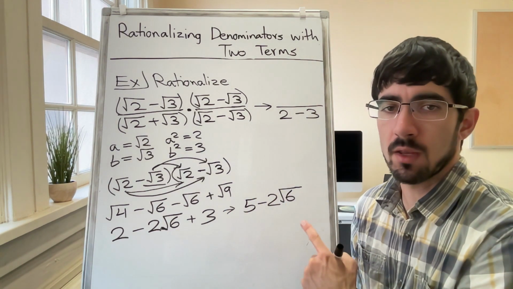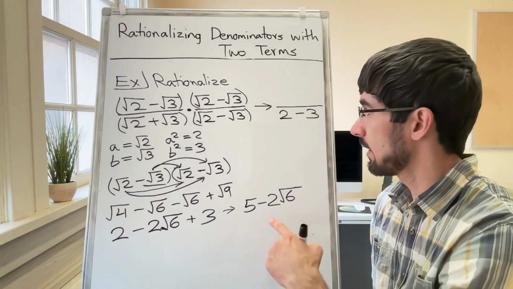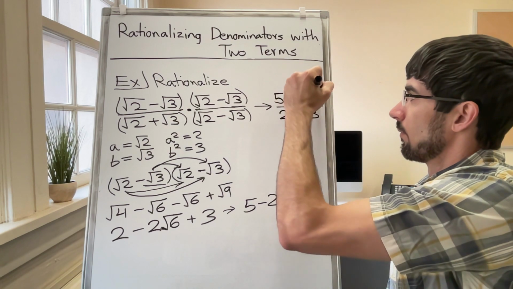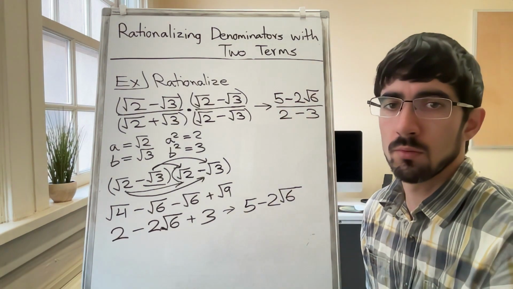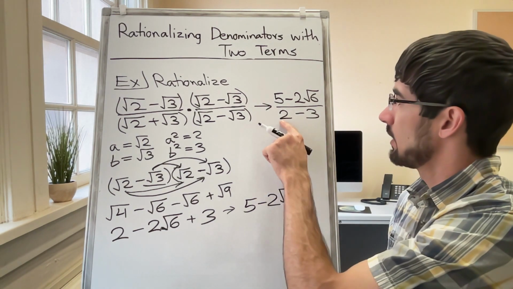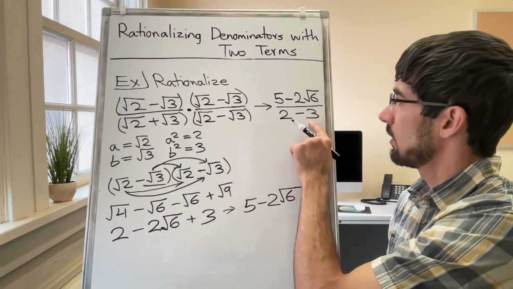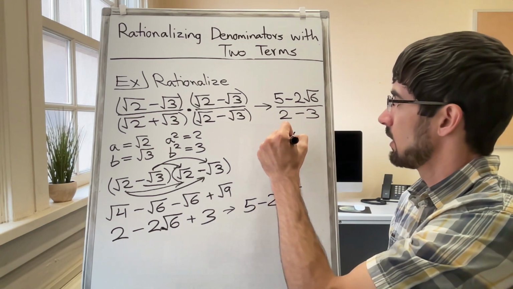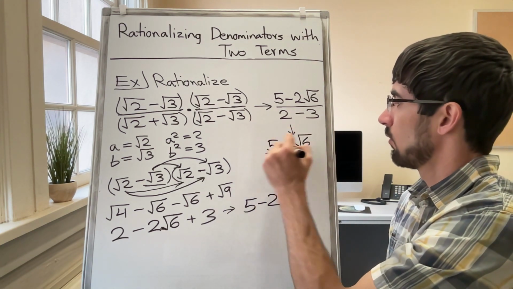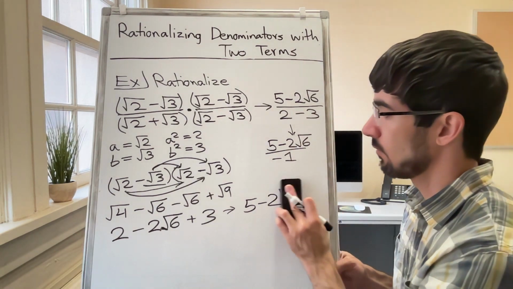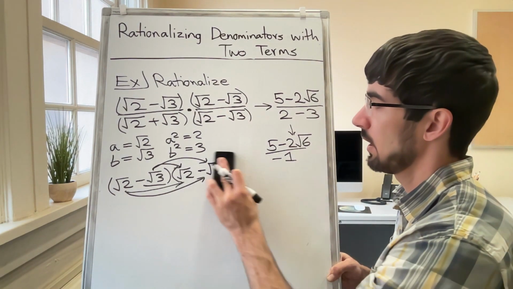That took some time, and I worked it out on the side. Now let's take that and plug that back in to this numerator. 5 minus 2 root 6. That's our result. And then let's finish simplifying this example. Once again, the denominator is negative 1. And so I have 5 minus 2 root 6 over negative 1. But we want to pull that negative sign out in front of the denominator.